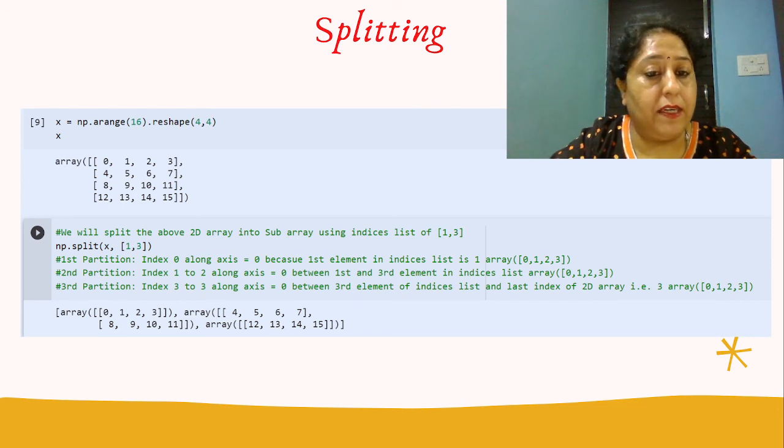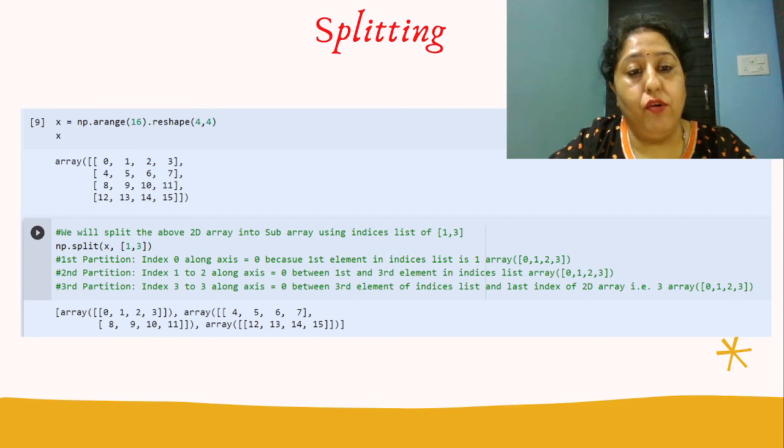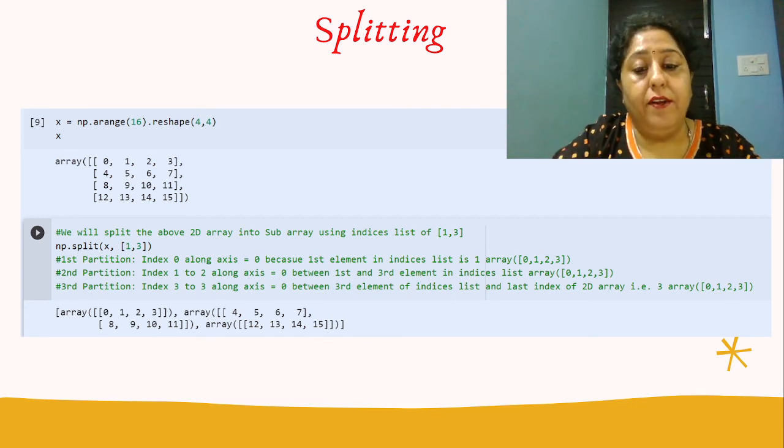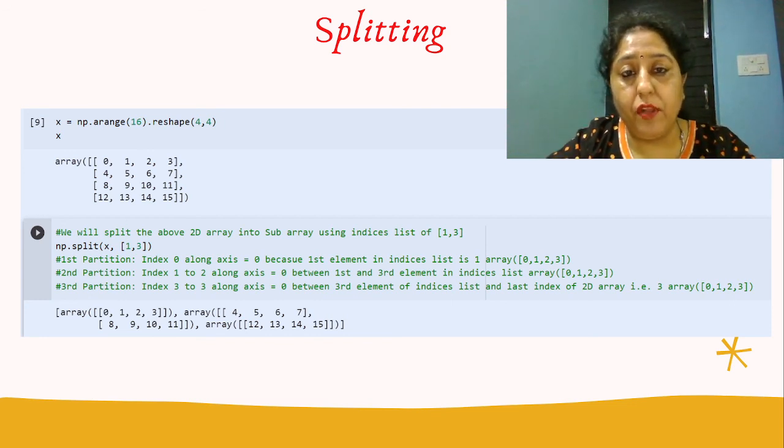So these are the partitions which you will get. The first will be an array having only the first row. The second array will have the second and the third row. The last array will have only the last row of your 4 cross 4 two-dimensional array. So this is how splitting works.